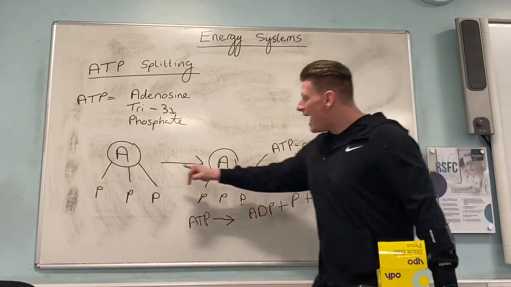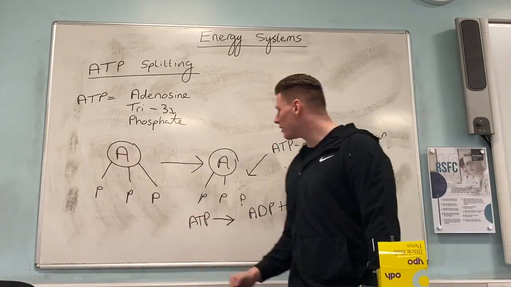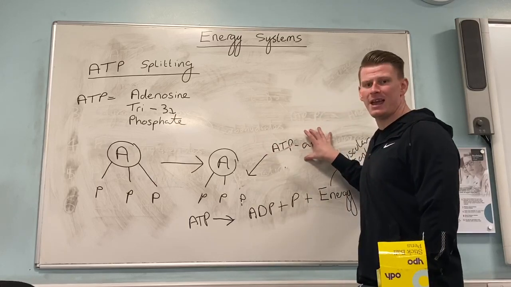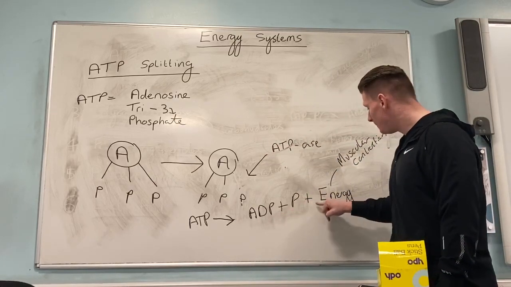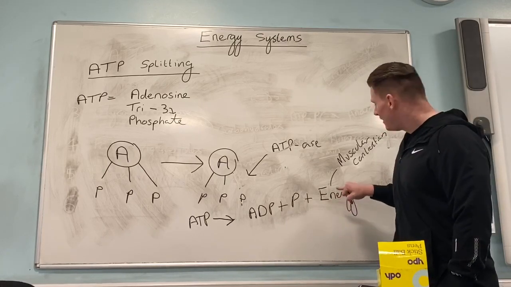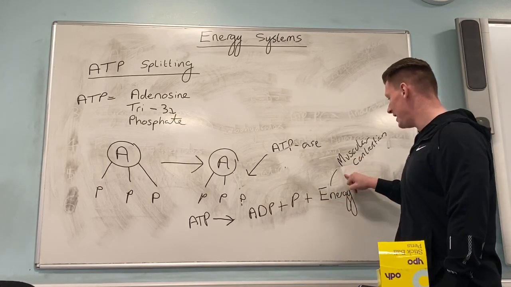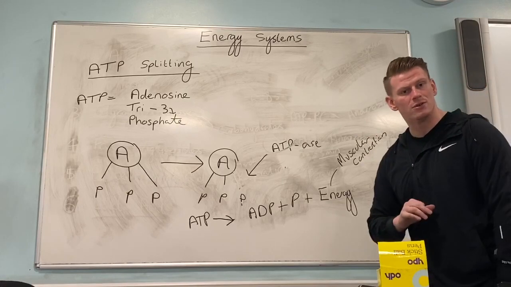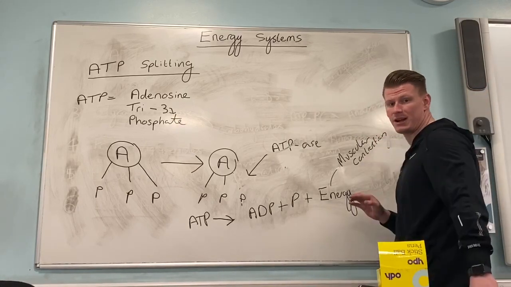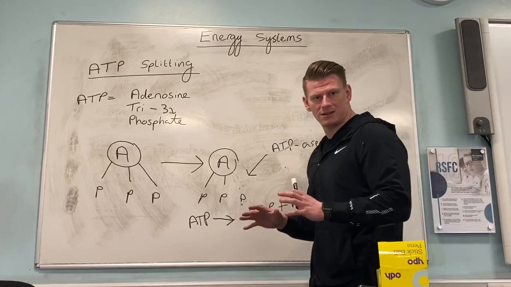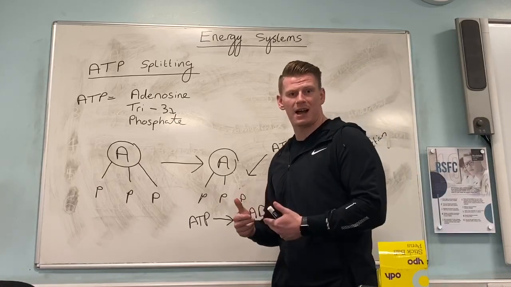First of all, ATP is broken down by ATPase into ADP plus P plus energy. Then this energy is used for muscular contractions. This is the only time the energy is going to be used for a muscular contraction. Every other energy system is used to resynthesize ATP.